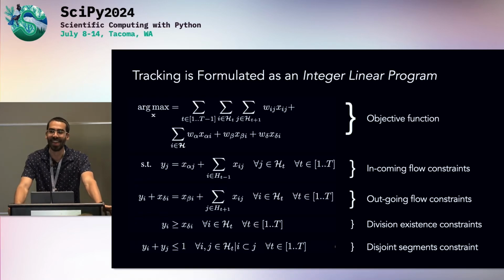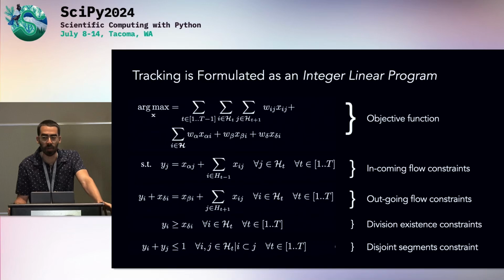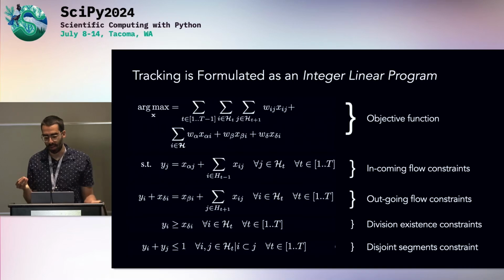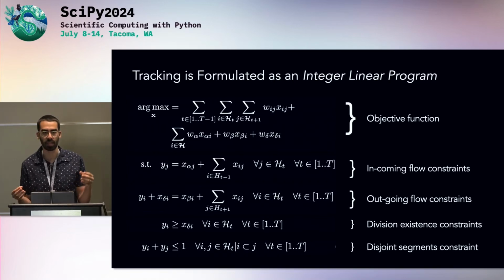We see it as a continuous flow optimization problem. We have a slack variable for the division. You pay a price to divide, but essentially every cell needs to have the same number of incoming and outgoing connections, and we have some additional slack variables to make a cell appear or divide.